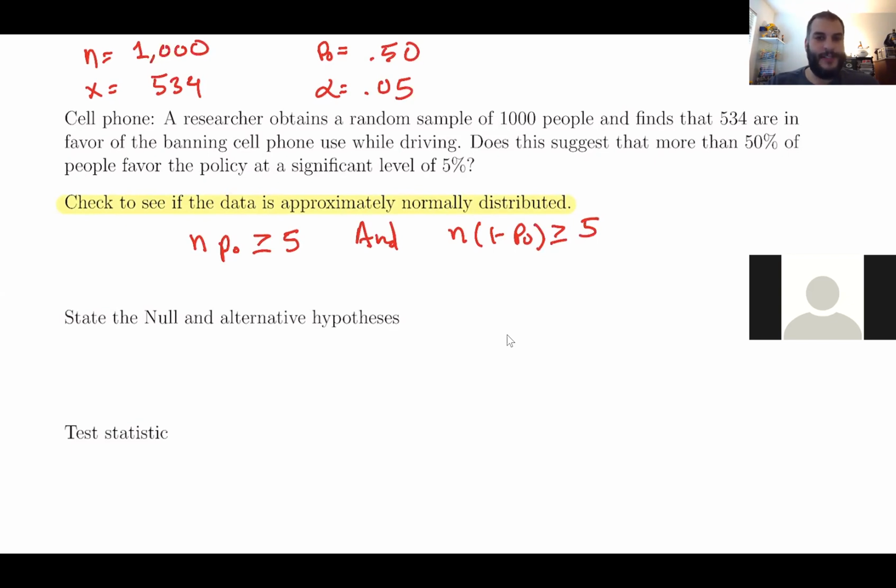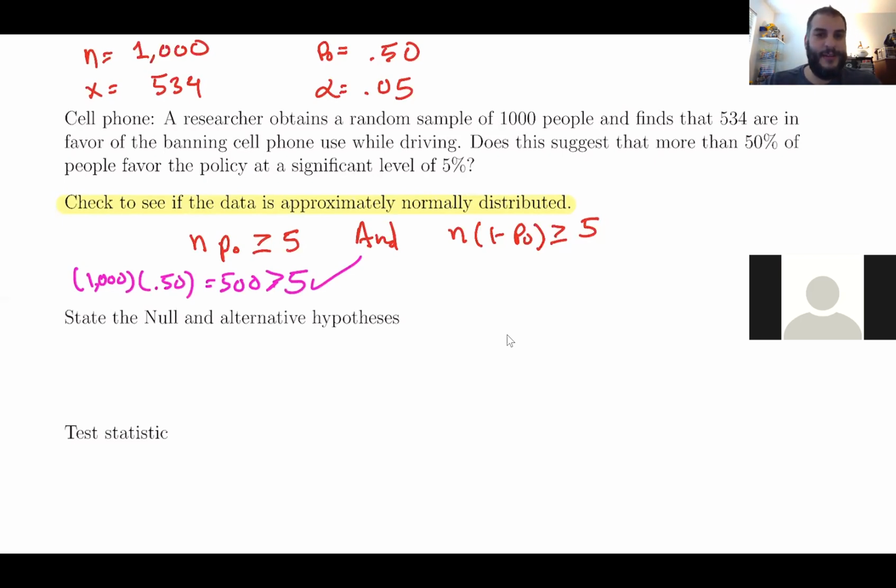So I'm going to check that condition for both of them and see if both pass. All I'm going to do right now is plug in. 1,000 multiplied by 0.50 gives you 500, and 500 is greater than 5, so that checks out.